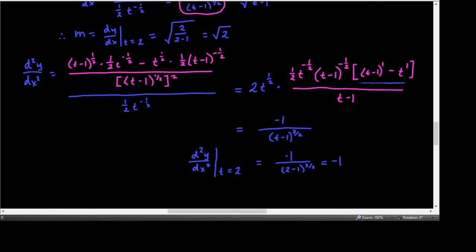And the answer to that is it's concave up or it's concave down. So you look at the answer we just got, and because that's a negative number, that means that the curve is concave which way? When the second derivative is negative, the curve is concave downward.